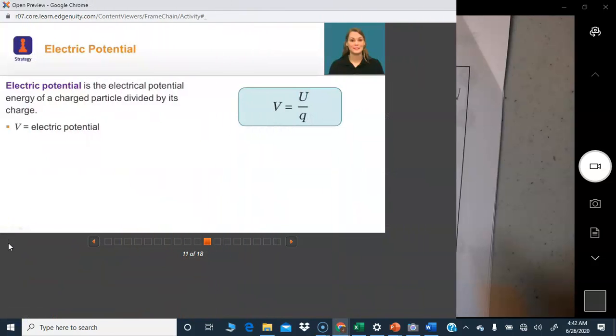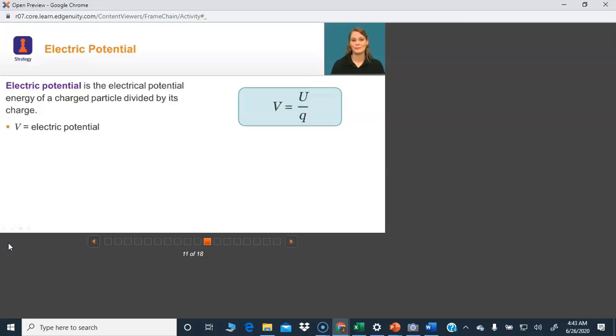The electric potential of a charged particle can be determined by dividing the electric potential energy by its charge. So the electric potential of a charged particle can be represented mathematically using this formula, where V is the electric potential, U is the electrical potential energy, and Q is the electric charge.